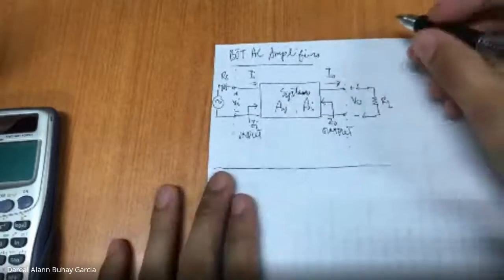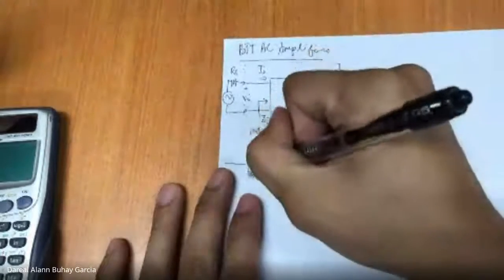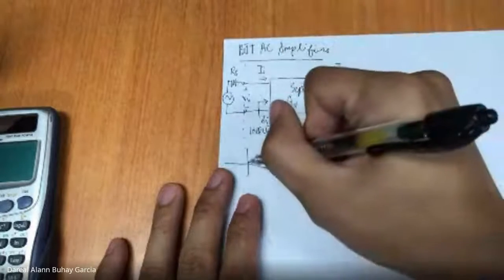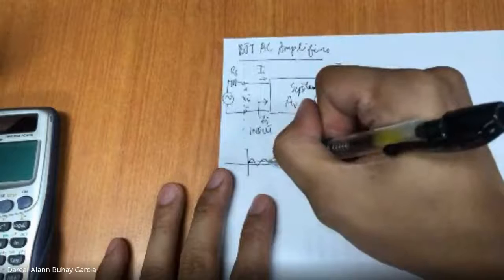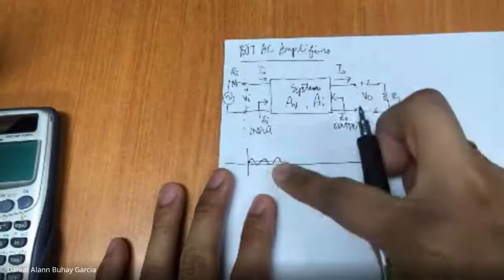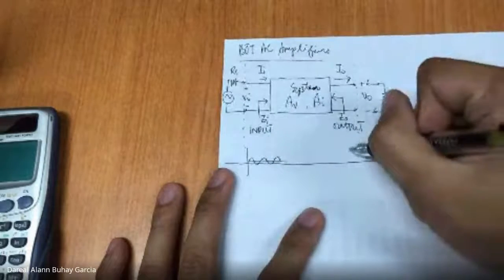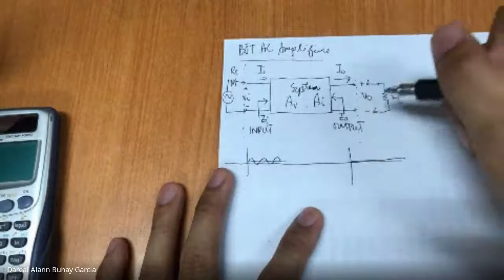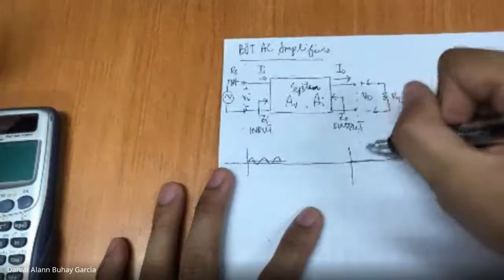Okay? But the input signal right here at this side, it could be a very small signal, small ang iyang amplitude. And sa output, it could be amplified possibly. Hindi siya impossible.